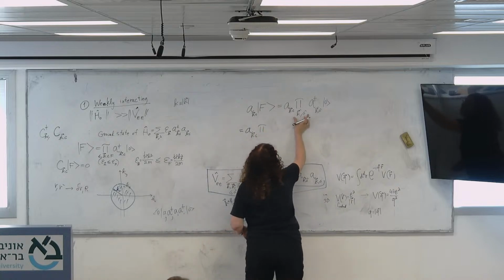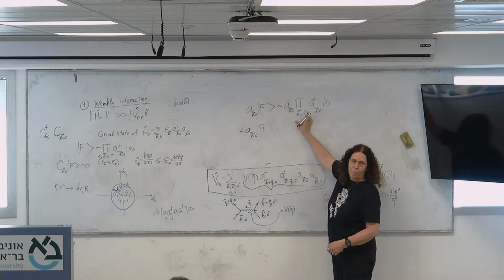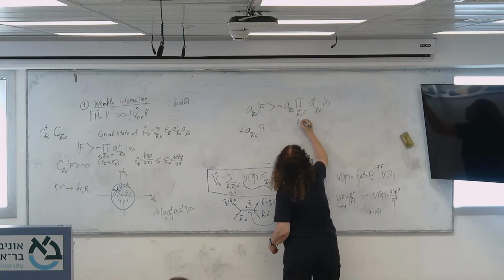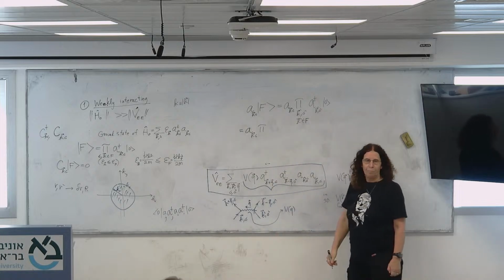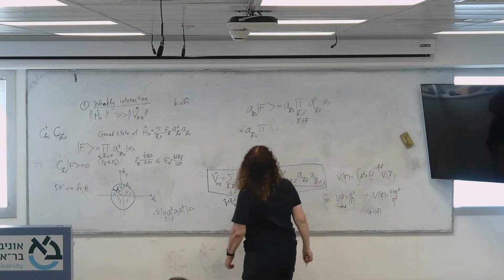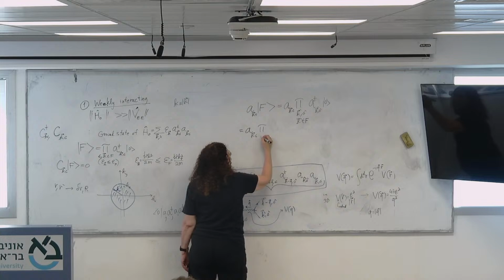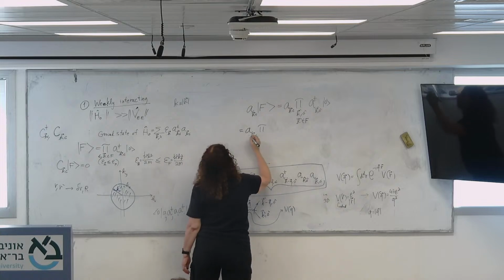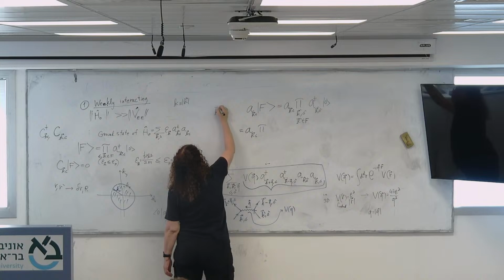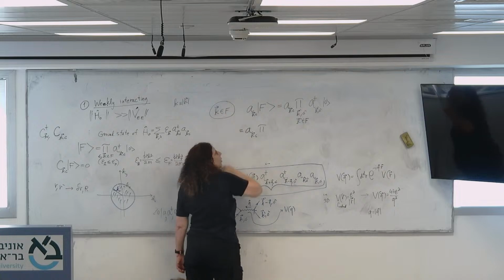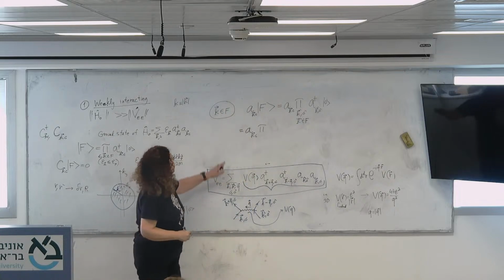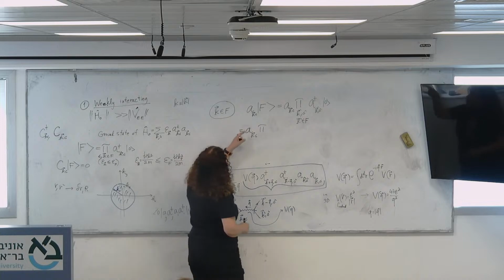Remember, the product is not over all the k prime and sigma prime, but only provided that k prime belongs to F. All right, so now let's check the case where k itself belongs to F as well. Let's assume that k belongs to F. I apply it on this state.